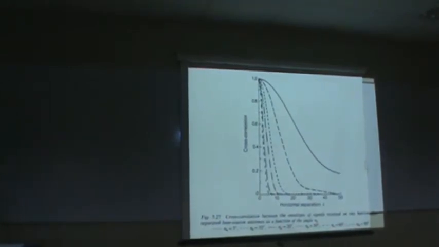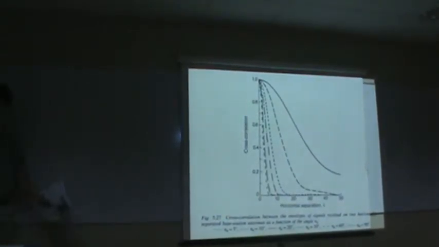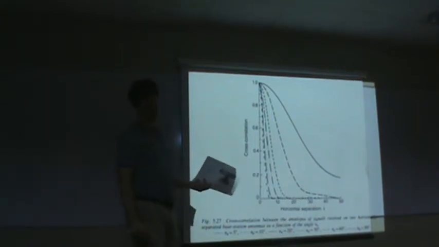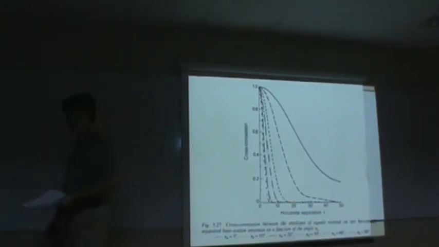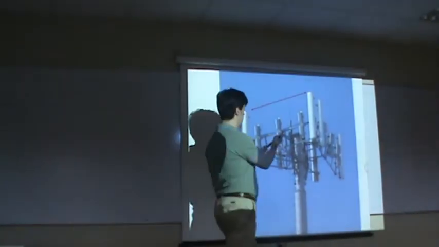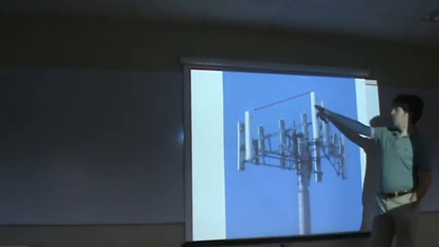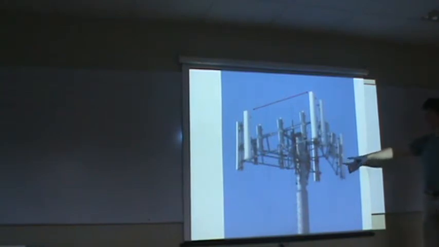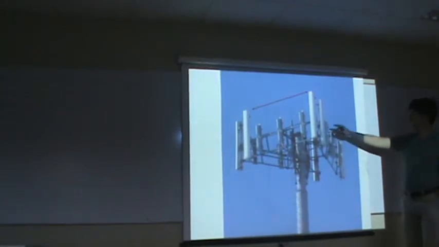And at 900 megahertz, this is 6 meters of distance. And you have seen this before dozens of times. Because when you look at base stations, this is a classical 3-sector base station.